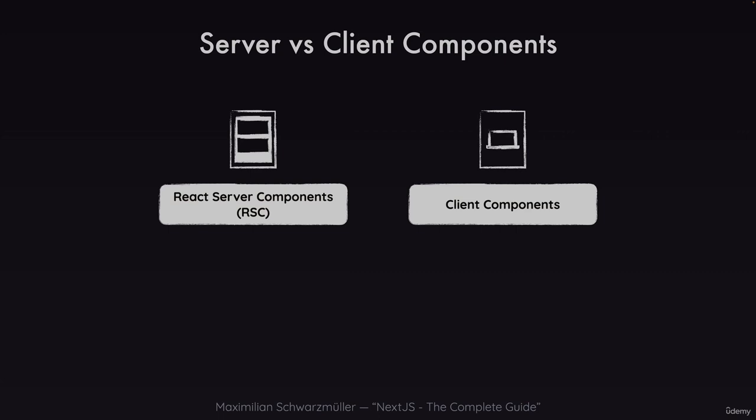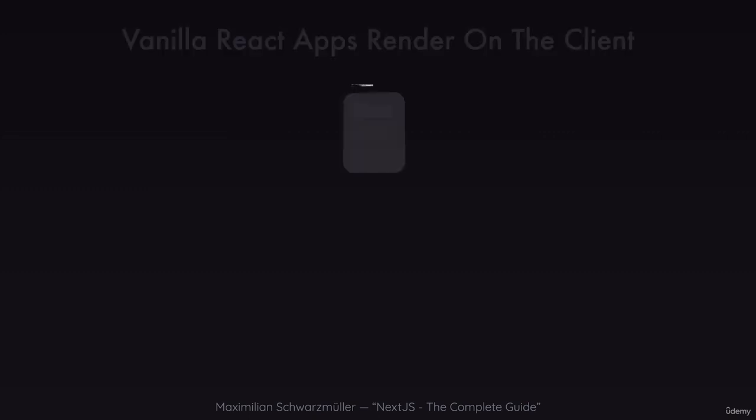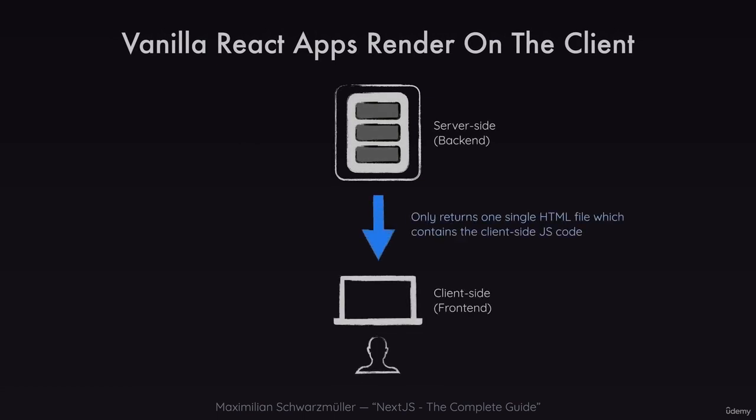Instead, React itself has this differentiation, though in most React apps, in all those vanilla React apps, which you're building with help of Create React App or with help of Vite, you are using client components out of the box. Because in those projects, React.js is a pure client-side library running code in the browser on the client.